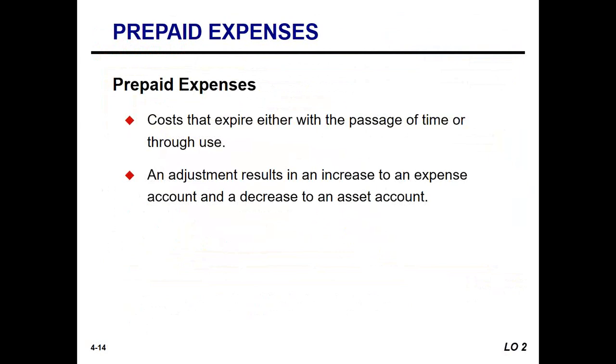An adjustment results in either an increase to an expense account and a decrease to an asset account if it's prepaid expenses. So you're going to increase an expense and decrease an asset. Well, that makes sense because the prepaid were prepaid expenses. So if I'm using them up, then I want to increase my actual expenses.